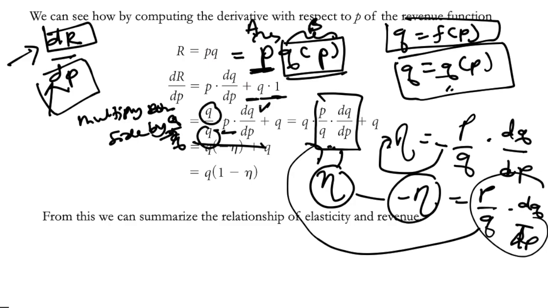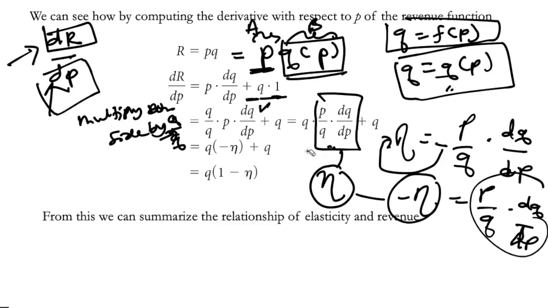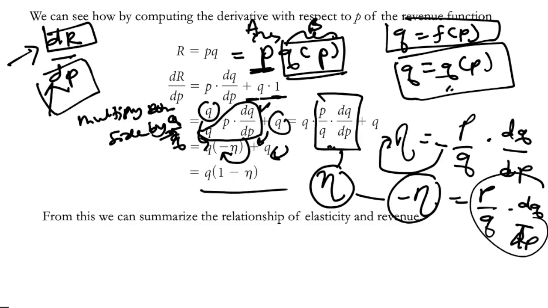Okay, then the next line, let me erase the mess. The next line you can see Q is this, the whole thing here is this, don't forget the minus sign, plus is this. Then you write nicely in the last line Q times 1 minus eta.